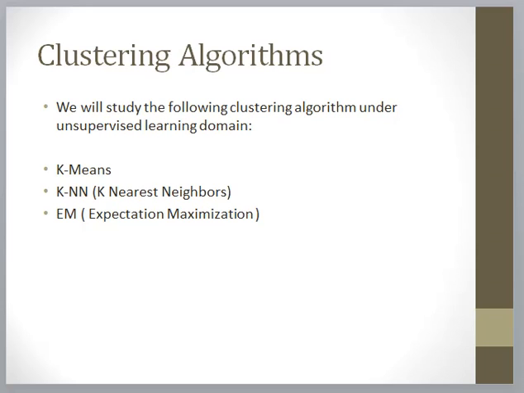Today in this lecture we will have a basic introduction of the k-means algorithm, and then we will move forward in more depth on k-means next week, and in the coming weeks we will be covering kNN and EM algorithms, and all three algorithms can be used to perform clustering.